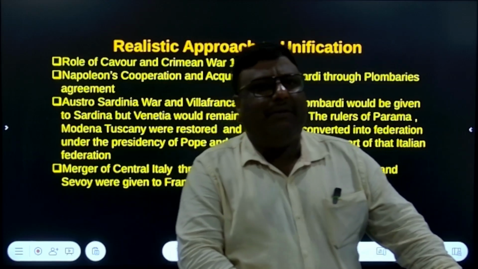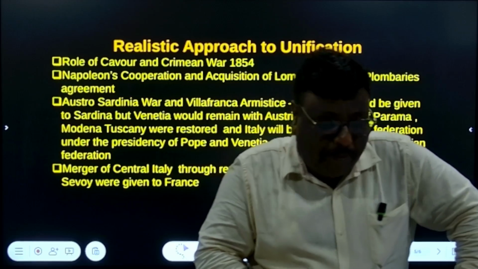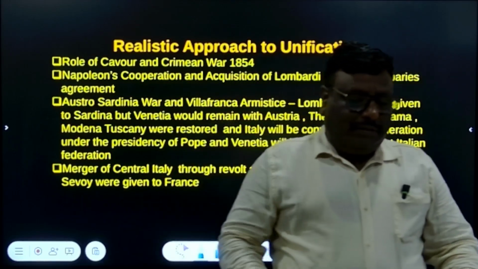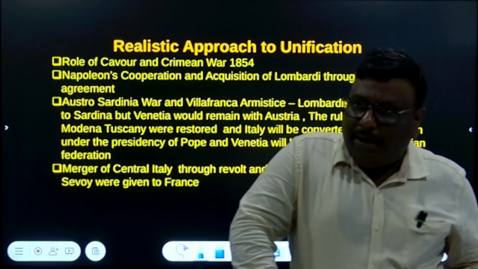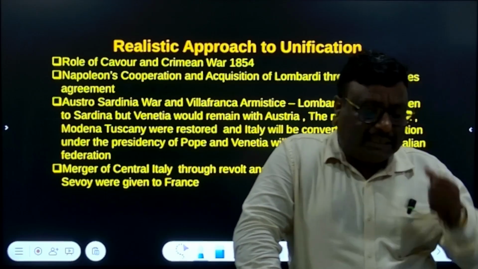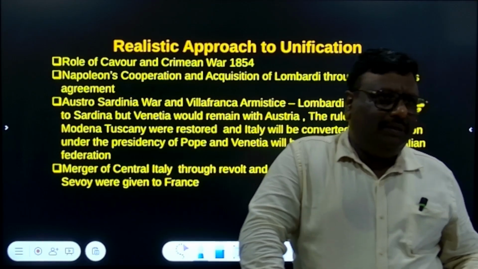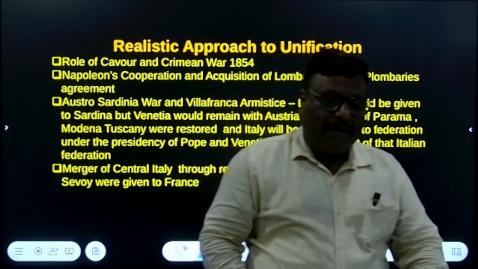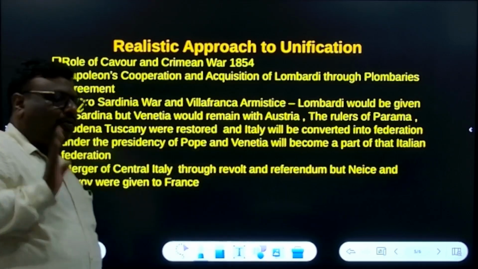Mazzini came back to Italy during this period. He was the leader of the Republican experiment who started steering the course of the national movement. In Parma, Modena and Tuscany, he successfully controlled, but anyhow, this success could not last for a long time. And once again, Austria controlled this region.